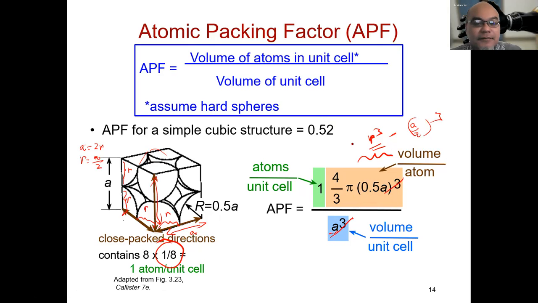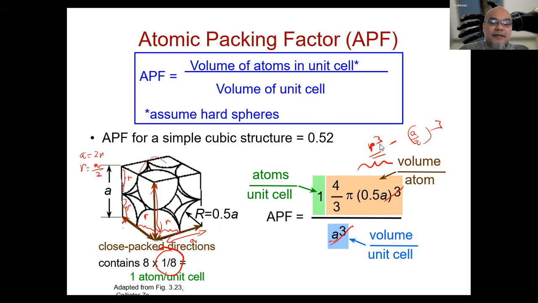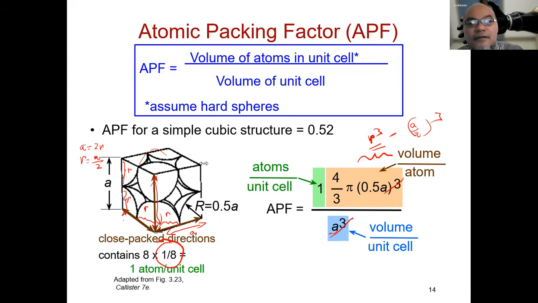Anyone has a calculator? Let me calculate also. Is it 1.25? 1.25, yeah. 0.5 squared times 0.5 is 0.125.